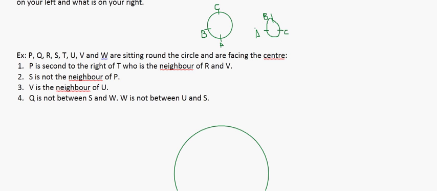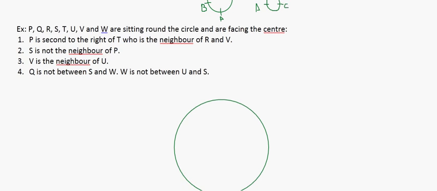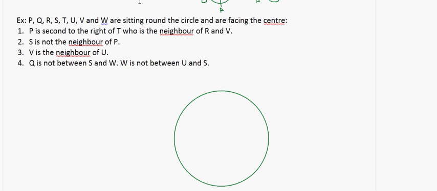So keeping these two facts in mind, let's do one practice question, which is P, Q, R, S, T, U, V, W are sitting round the circle and are facing the center. P is second to the right of T, right?